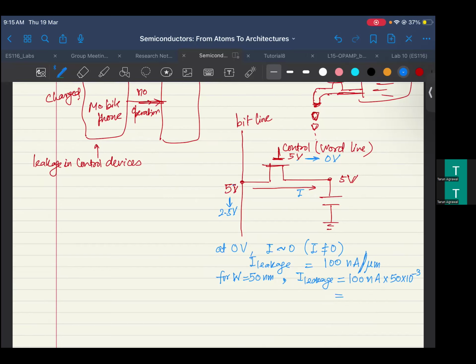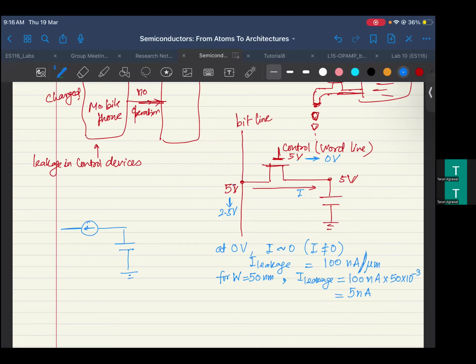That would come to 5,000, so 5 nanoampere is still flowing through your transistor. This becomes a circuit where you have some kind of leakage happening.